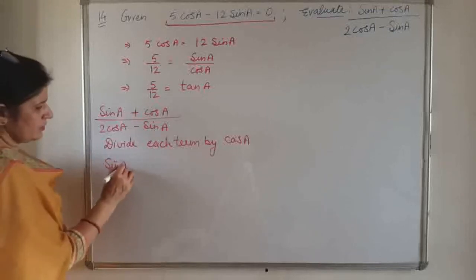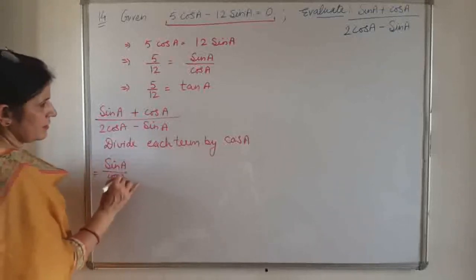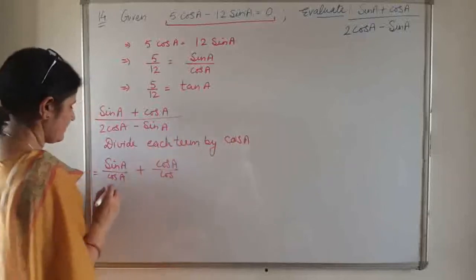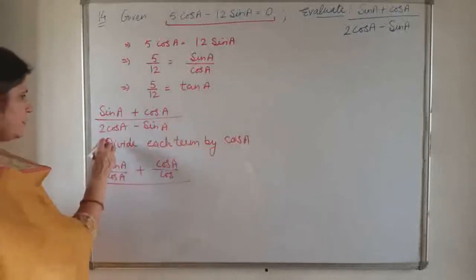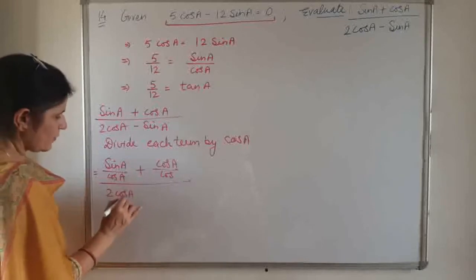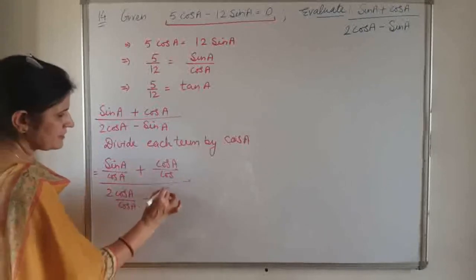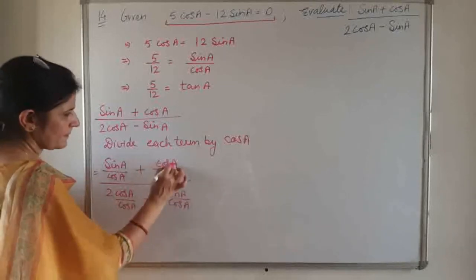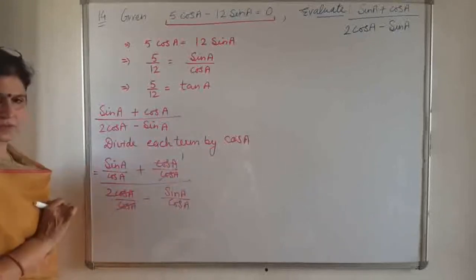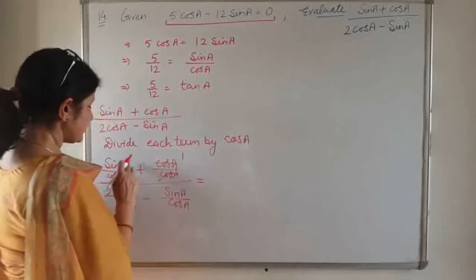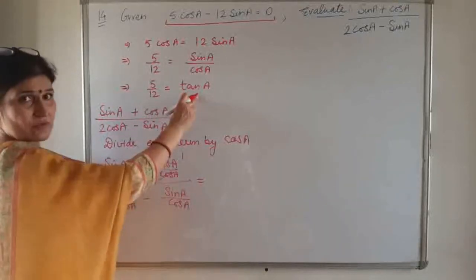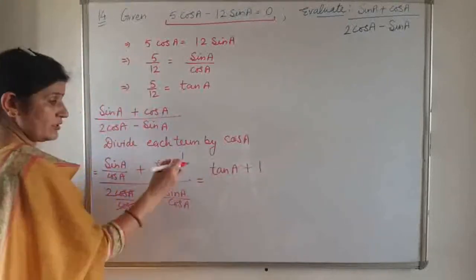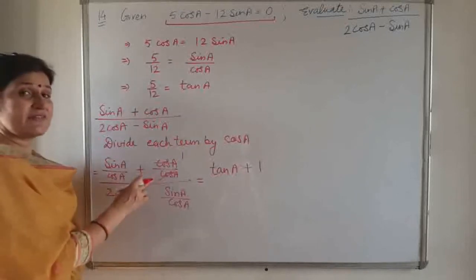Sin A upon cos A plus cos A upon cos A, upon 2 cos A upon cos A minus sin A upon cos A. See, 1 here also. So, what do we get? We get sin A upon cos A, you can write it as what? Tan A plus 1. Don't remove the term, because when we divide the term by itself, we are getting 1.